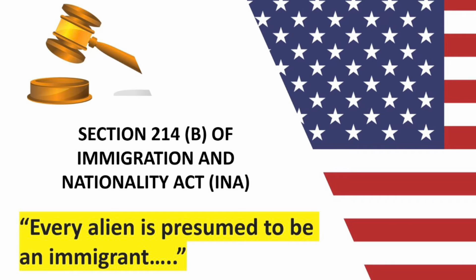You must overcome this legal presumption by showing that the purpose of your trip is for a temporary visit such as pleasure, business, or medical treatment. The second qualification is that your plan to remain in the U.S. is for a specific or limited period of time.